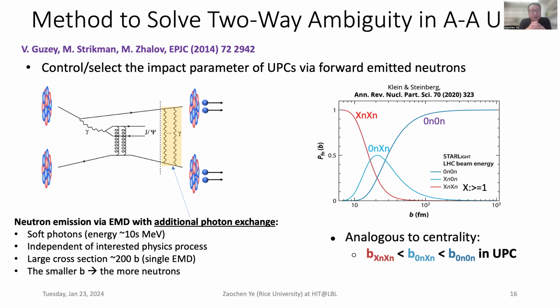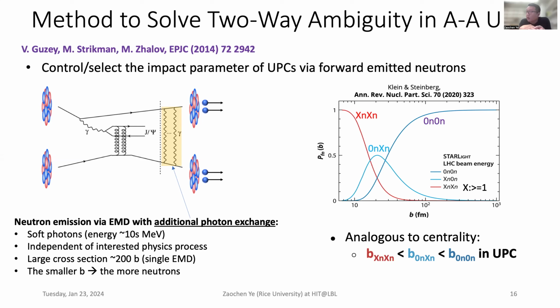Okay, that's a very good question, and also crucial for this measurement. Firstly, the additional photon exchange itself is, as you know, soft photons, right? Only about 10 MeV can excite and induce the electromagnetic dissociation. And such a cross-section is huge, about 200 barn, whereas the J/psi production cross-section itself is only a tenth of a millibarn.